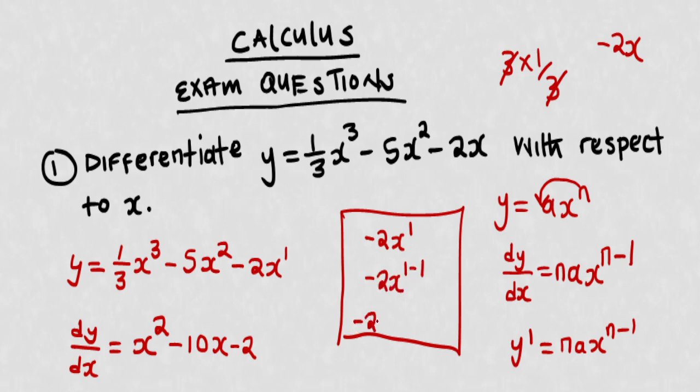What is 1 minus 1? That is a 0. Now we know that any number raised to the power 0 is 1. So negative 2 times 1 will just be negative 2. No wonder the differential equation will just be like that. So this is how you can differentiate that. I hope that one was clear.